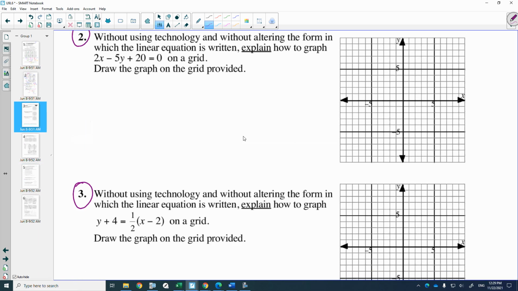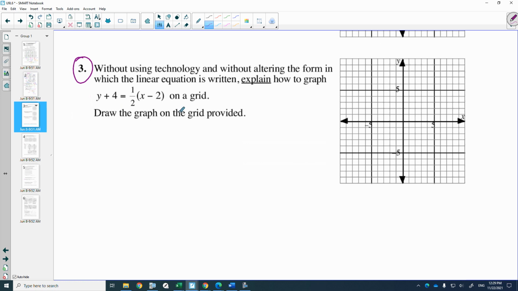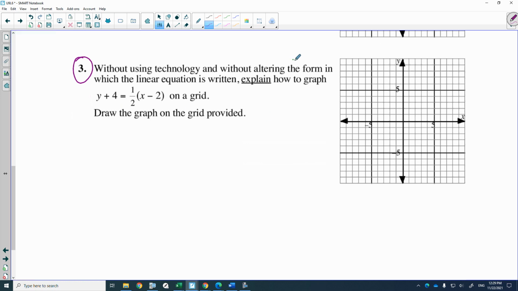I think it was this one. Okay, let's look at this one together because I just want to remind you of one thing. So it's y plus 4 is equal to 1/2 x minus 2. This is in slope point form, right?